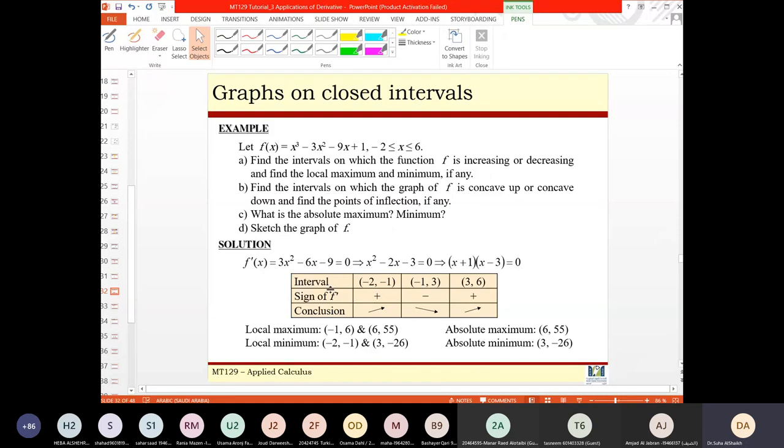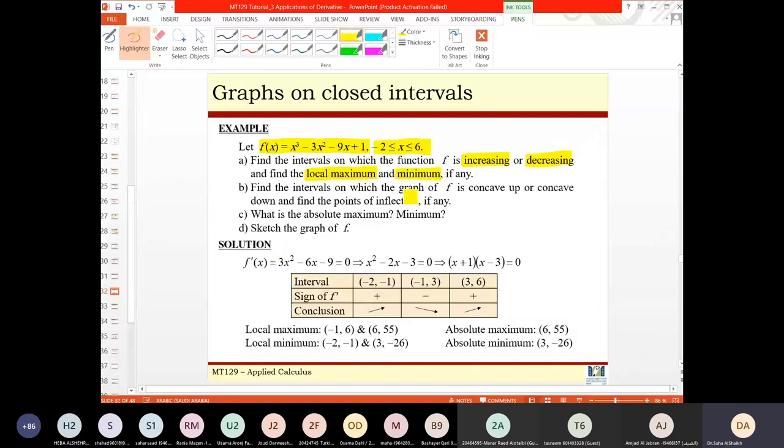And rarely do they say sketch it. This is an example. You have this function f of x equal to this, and your x is between -2 and 6. The final is in the campus, inshallah. So in part A, they are asking you to find intervals in which the function is increasing or decreasing, and then find the local maximum and minimum if you have any.